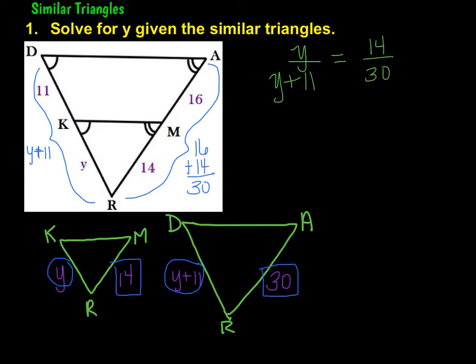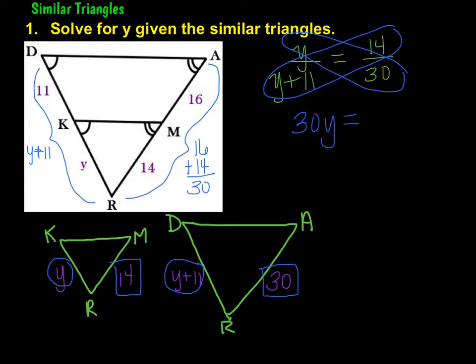Okay, so now we need to cross multiply. So we're solving like we have been. So y times 30 would be 30y equals 14 times y plus 11. Okay, so now we have to distribute the 14 into the parentheses.